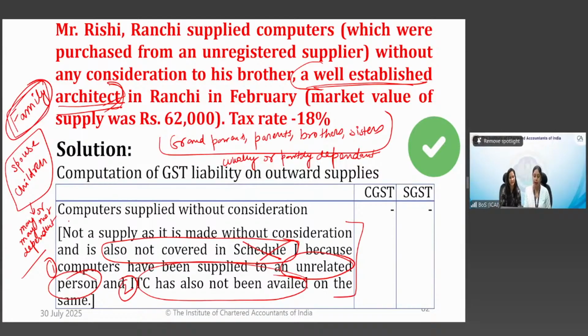So have a look at how the answer has been written or how reasoning has been provided. It is very sure that spouse and children can be your family, even if they are dependent or independent. That is not the case for others, who have to be dependent on you. Here, first of all, we saw para 1, and we have given the reason that ITC has not been availed on the same. And para 2, reasoning has also been provided that computers have been supplied to an unrelated person.